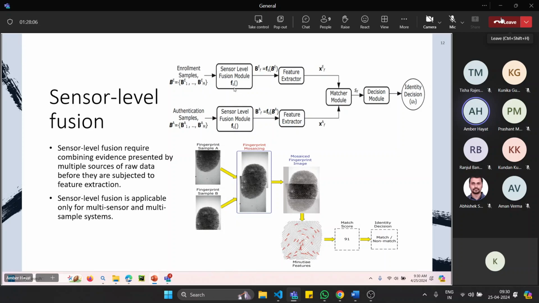Function F is doing the mosaicing; all the images are mosaiced for a particular sample, if those are incomplete images, and then features will be extracted and passed to the matcher module, decision and so on. Similarly, at authentication time, multiple samples will be taken and combined together at sensor level by mosaicing, then passed to feature extraction and so on. Next one is the feature level fusion.